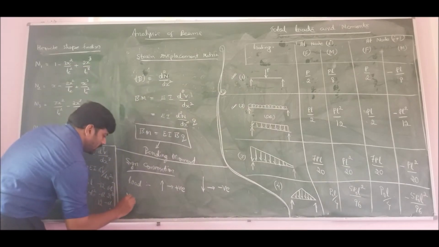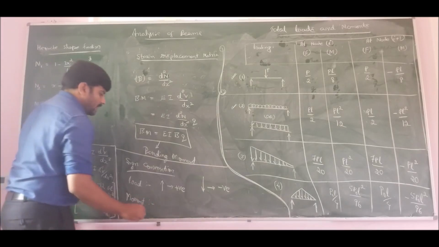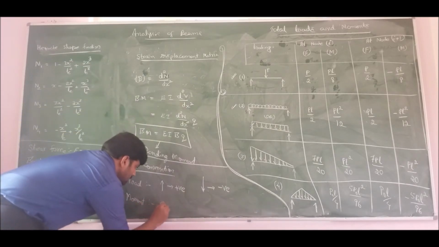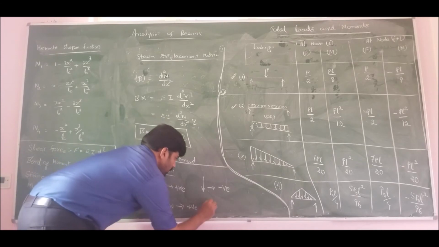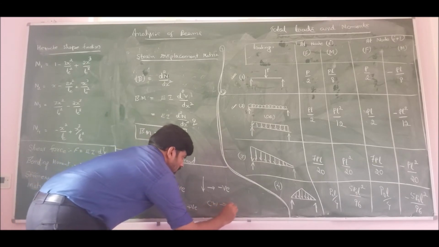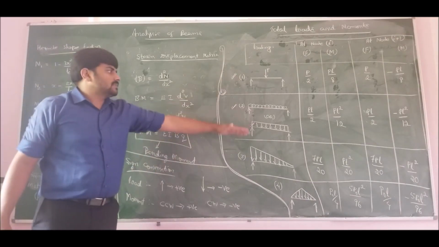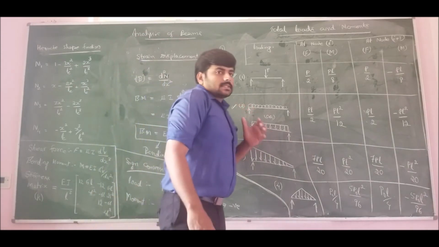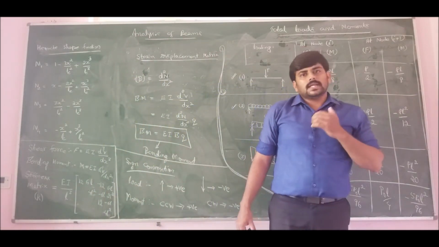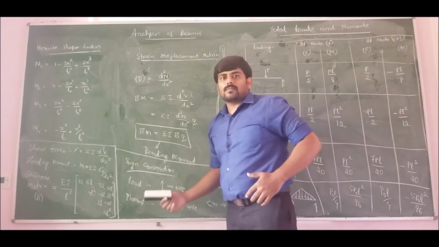Whereas for externally applied moments, if the moment is counterclockwise, we take it as positive. If the moment is clockwise, we take it as negative. Based on this sign convention, we have these formulas to calculate the nodal variables, which are the deflection and slopes at each node. Next, in this lecture, let us move on to solve our problem number 1.